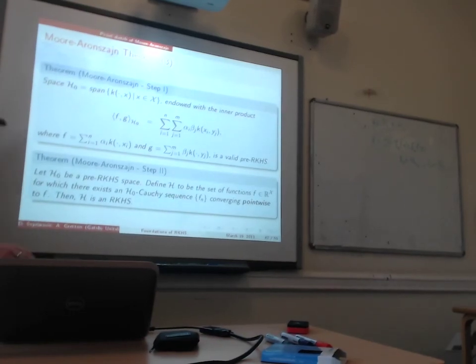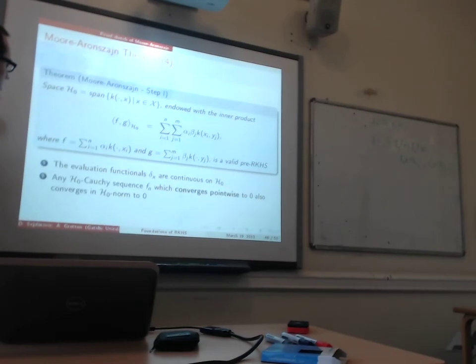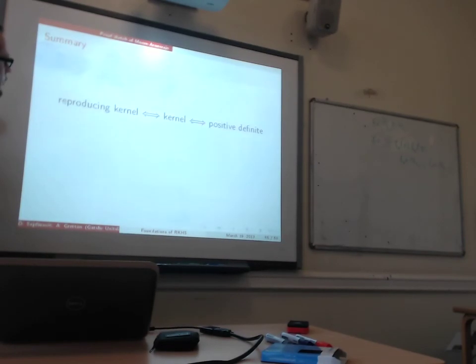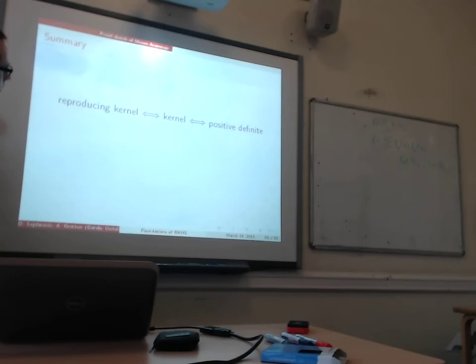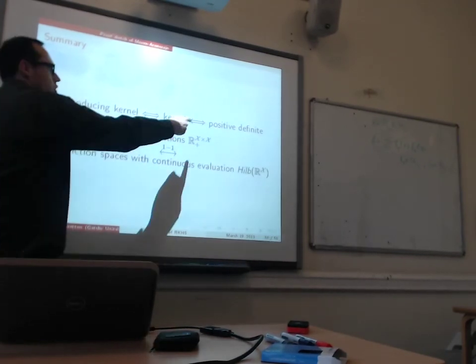So I think I'm going to stop there. That just outlines the steps in this proof. Again, it's all in the notes, and that's just restating what we've had: that these three notions are all the same, which is precisely given by virtue of this Moore-Aronszajn theorem, which completes this cycle.